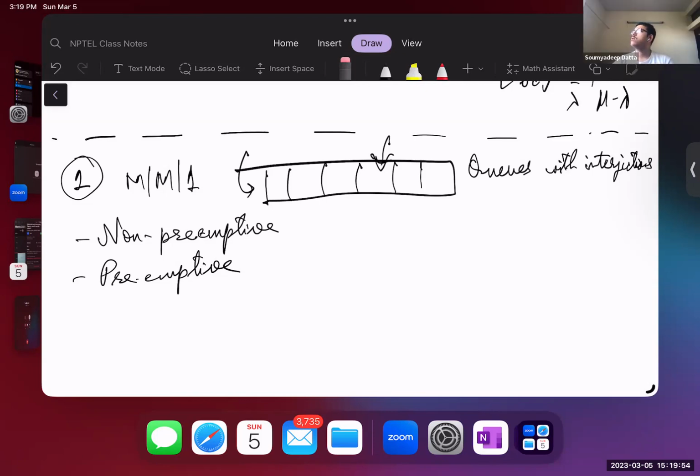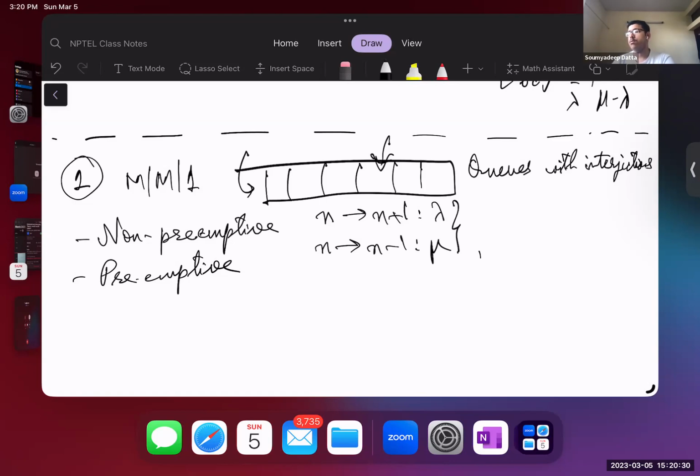So if I have to draw a Markov transition diagram, my current state is, let's say, n, and the basic characteristic doesn't change, right? We go from n to n plus 1 at arrival rate lambda, and from n to n minus 1 at service rate mu. So this characteristic doesn't change.